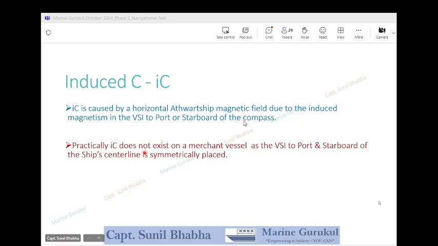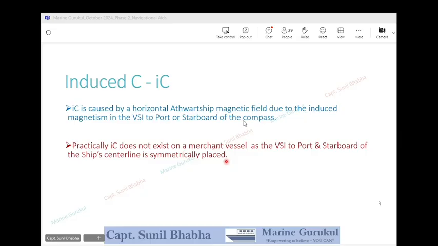Practically, IC does not exist on a merchant vessel, as the vertical soft iron to port and starboard of the ship's center line, if it is there, is symmetrically placed. So practically, coefficient induced C or IC is not present on most of the merchant vessels because, number one, there is hardly any prominent vertical soft iron structure to port or to the starboard of the compass location.